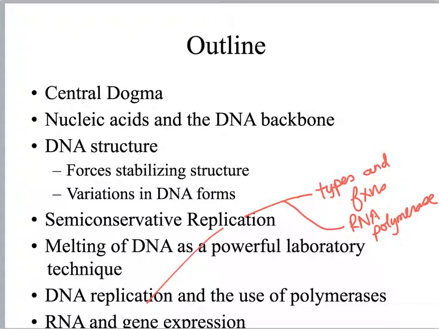We will also discuss the amino acids and codons, and how those codons are going to code for particular things. And then we'll talk briefly about introns and exons in terms of genetic information.